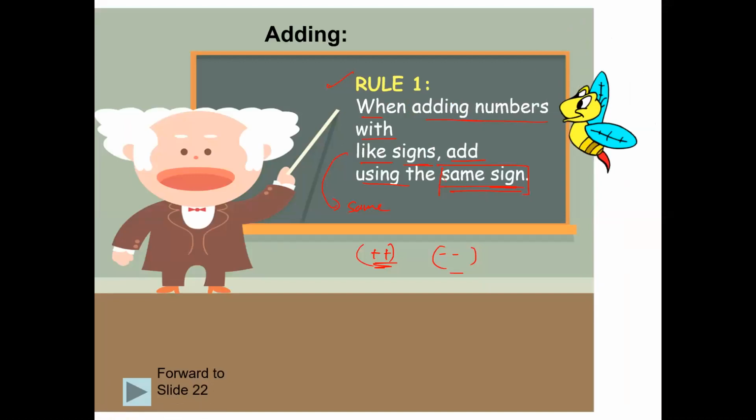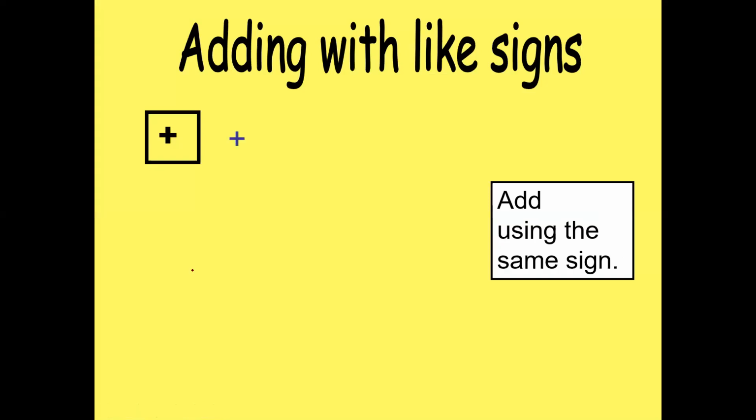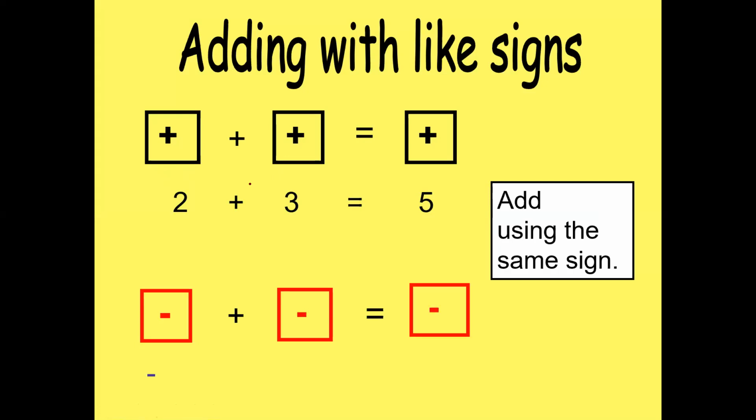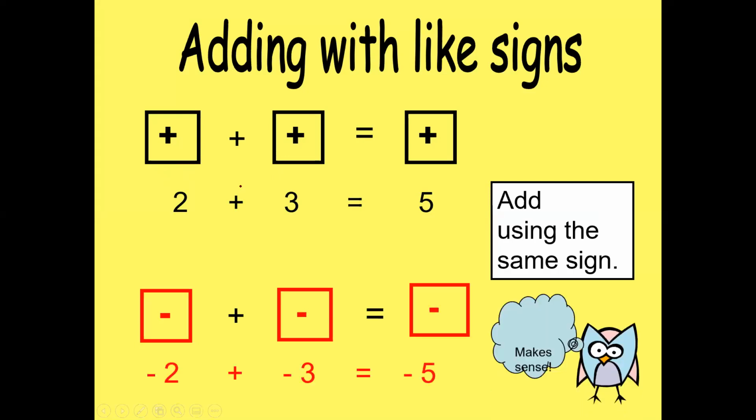if we are adding a positive and a negative number, what we have to see? First of all, if the numbers are having positive sign or negative sign, then we have to add them.